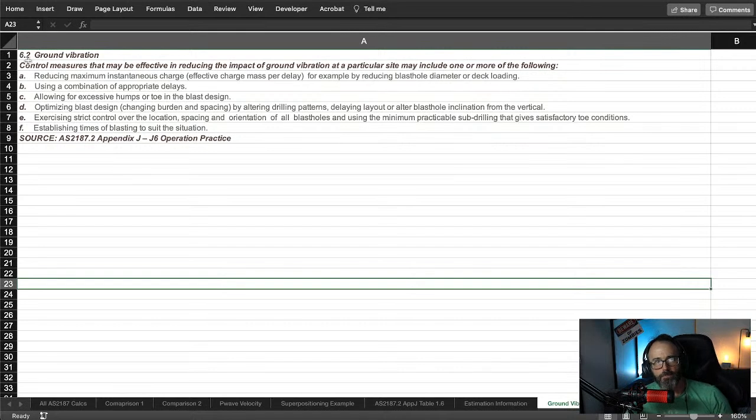That's a good point. Exercising strict control over the location, spacing, and orientation of all blast controls, and using minimum practicable subdrill that gives satisfactory toe conditions. It's a good idea.